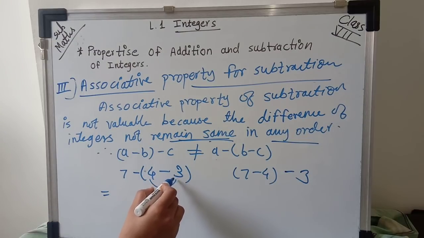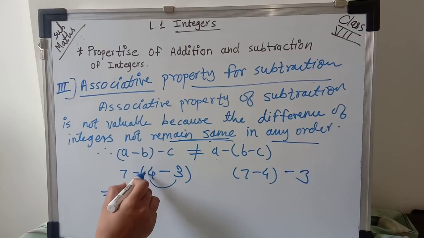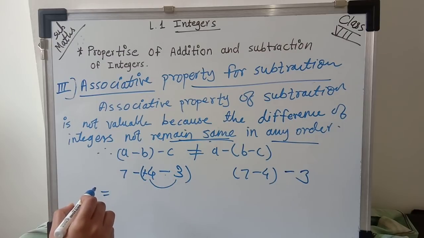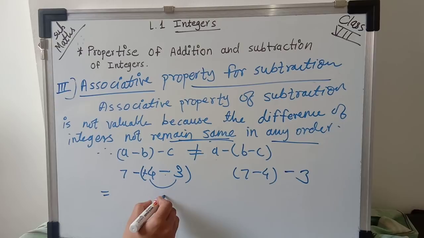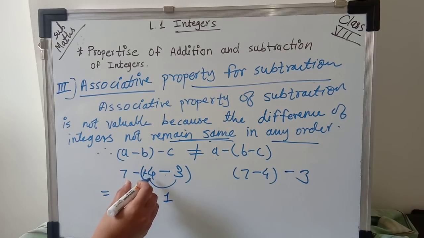So 4 minus 3. Before 4 there is no sign, which means it is a positive integer. When positive and negative integers are there, we have to do the subtraction. So 4 minus 3 is equal to 1, and 4 is the bigger number, so we keep the 1 as it is.